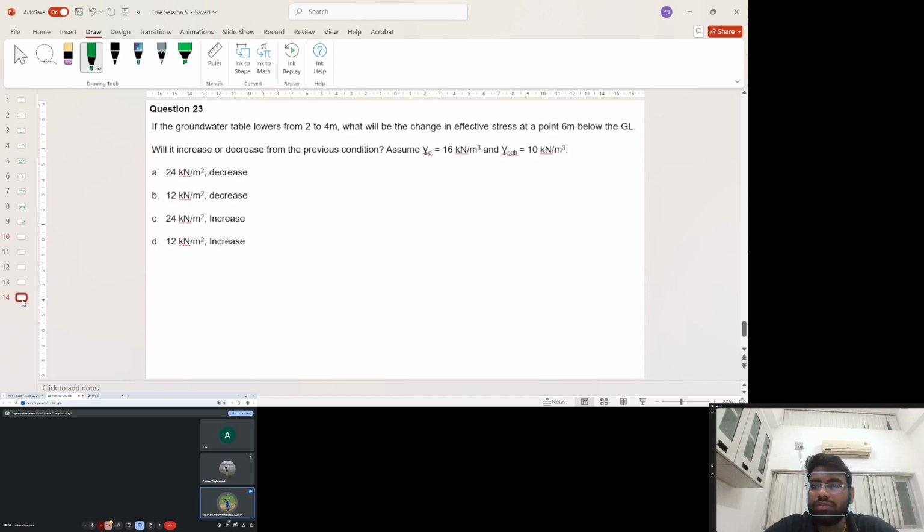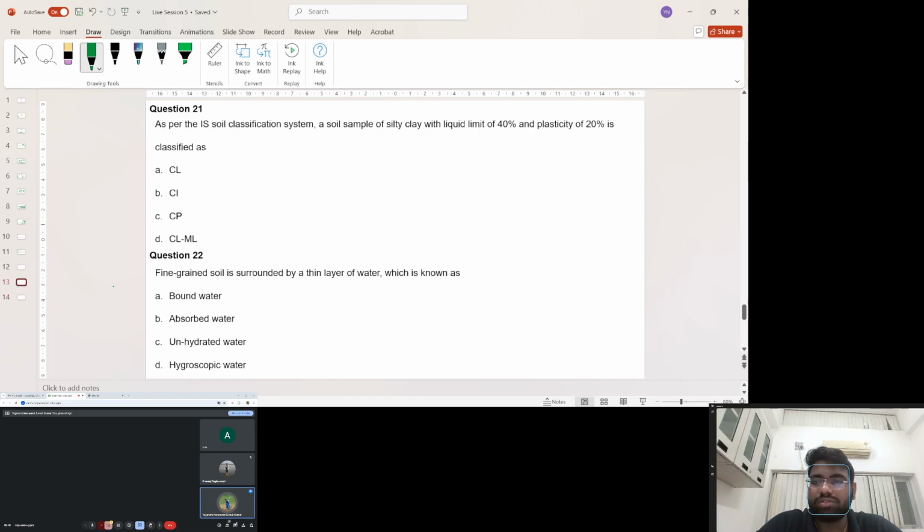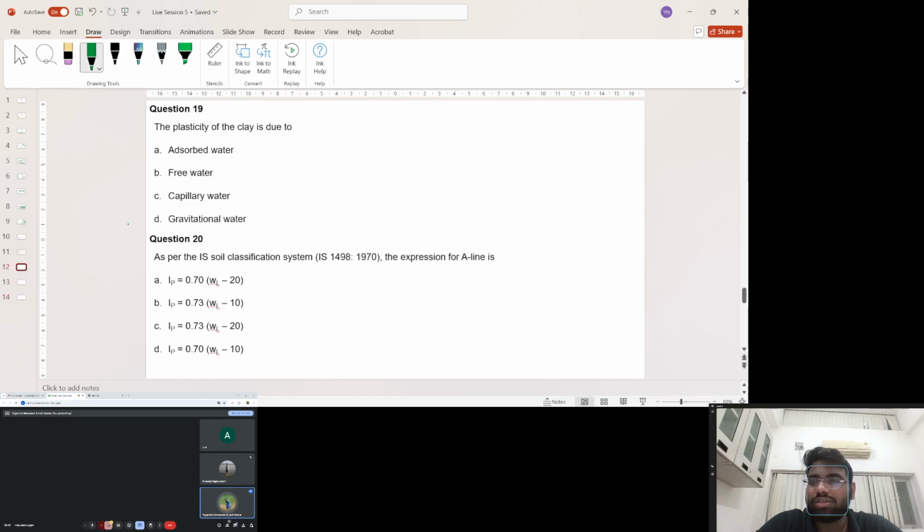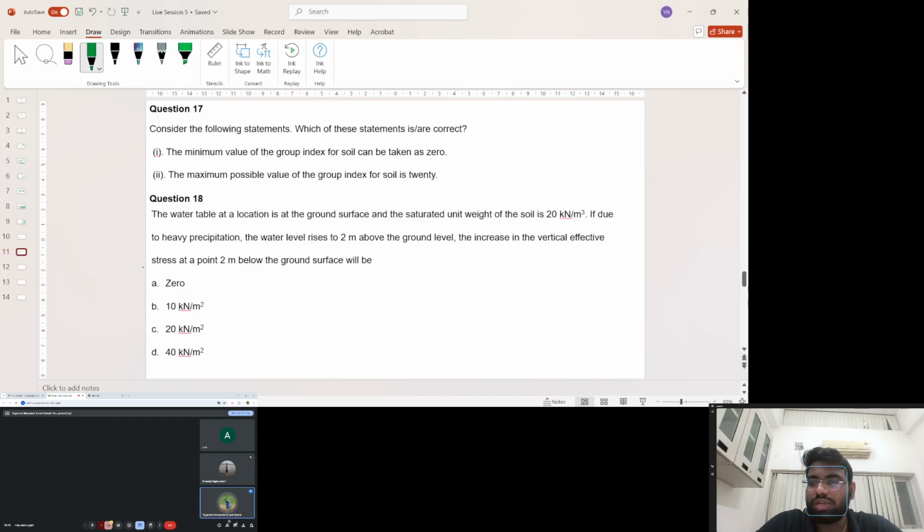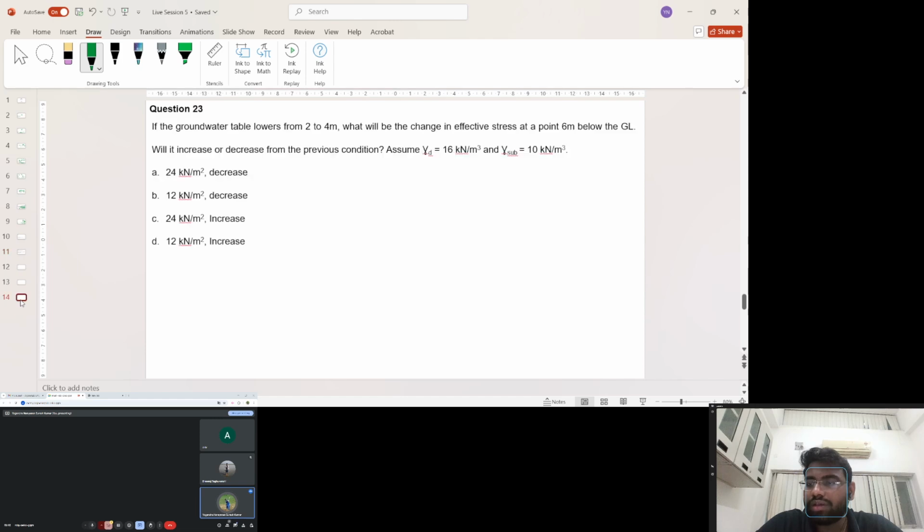So now we can solve this problem and come to the later part of these questions. These are mostly small questions which we can address later. Now consider this question: if the groundwater table lowers from 2 meters to 4 meters, what will be the change in effective stress at a point 6 meters below the ground level?